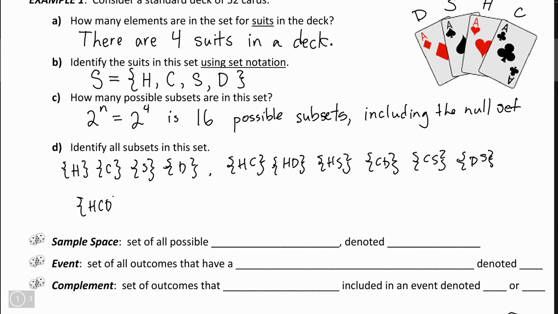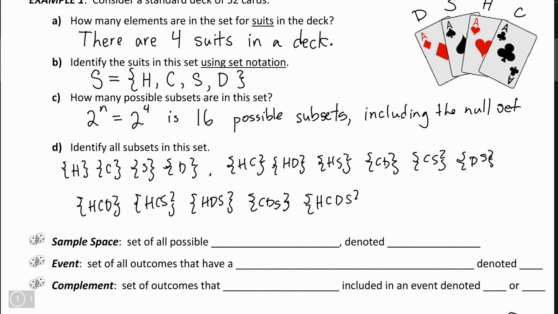So HCD and HCS, and here the order doesn't matter. So we're just listing the one combination, HDS, and then CDS, and then you have the one where you have all 4 of them as your set.